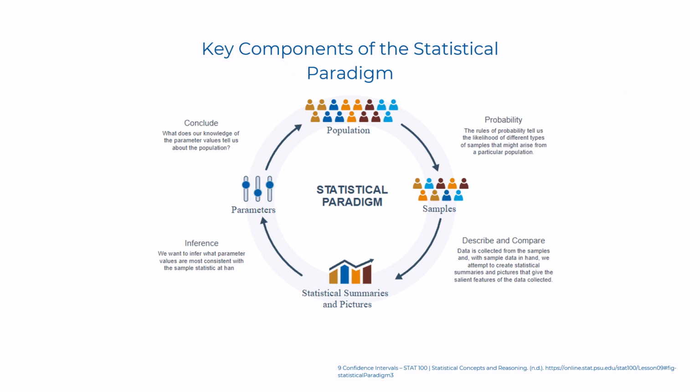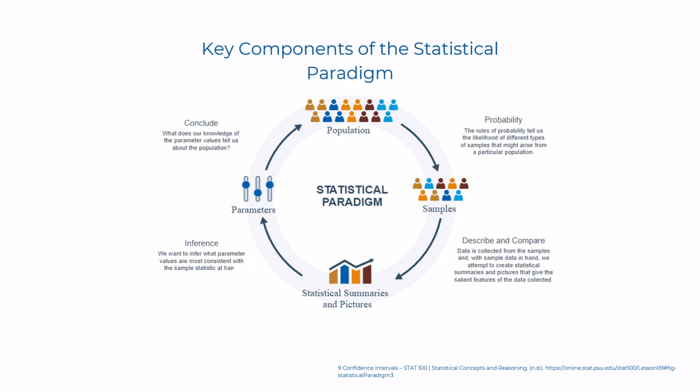Okay, so before we move forward, let's just revisit this specific statistical paradigm, which shows the components of the statistics that we perform with the data that we have. So previously, we talked about population and samples, and we discussed probability.